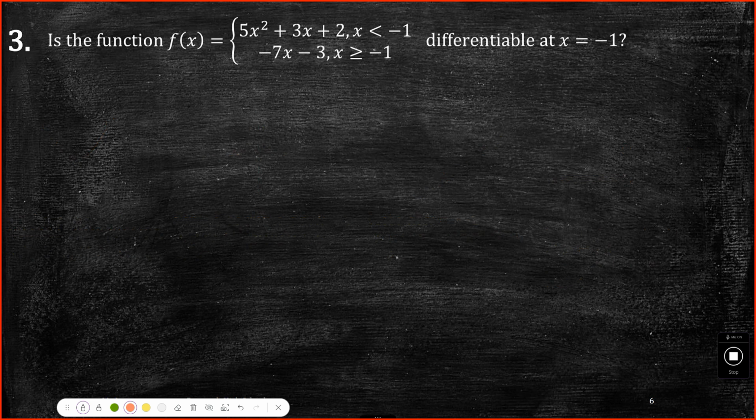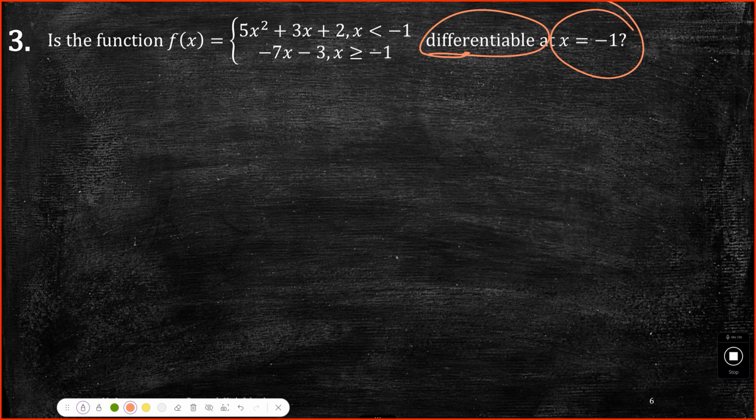Last problem for this section, is this piecewise function differentiable at x equal negative 1? So when it's talking about differentiability, it has to be differentiable at x equal negative 1, coming from the left and from the right. So basically, we can just find the limit coming from the left has to equal the limit coming from the right.